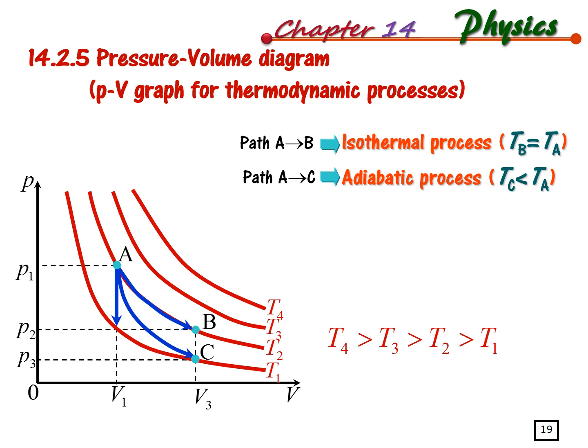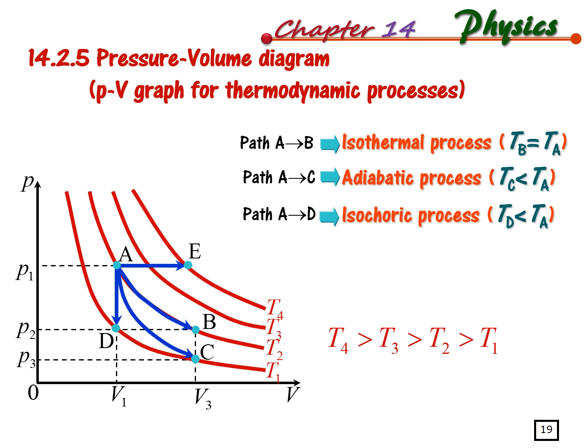Okay, the next process from state A to state D is isovolumetric or isochoric, because the volume does not change from A to D. The initial state is A, the final state is D. Only the pressure drops from P1 to P2.